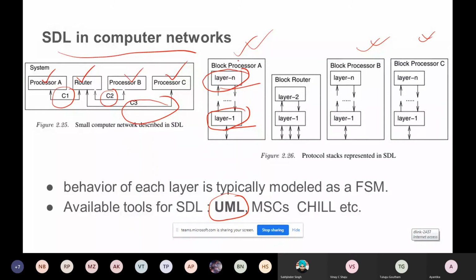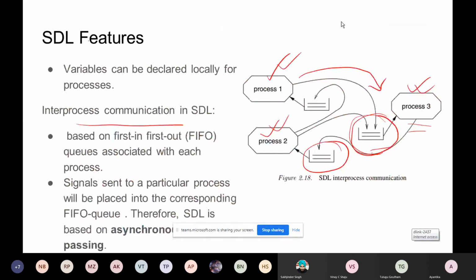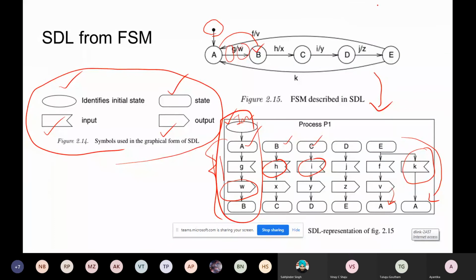But inside one processor, each of these layers, you can consider as one single FSM. For each layer, you can model it as a single FSM. How will you do that? You can go back to our first slide. When we know the specification of that particular process or layer, you can come up with the FSM description of that specification.